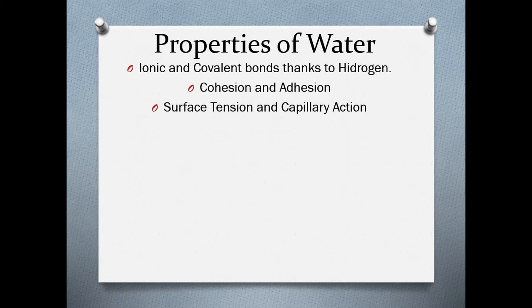Surface tension, remember, is the amount of force that you need to break through the surface of a certain element. And we discussed that depending on what state we can find water in, the surface tension will change. For example, the surface tension in solid state of water will be higher than in a liquid state of water.